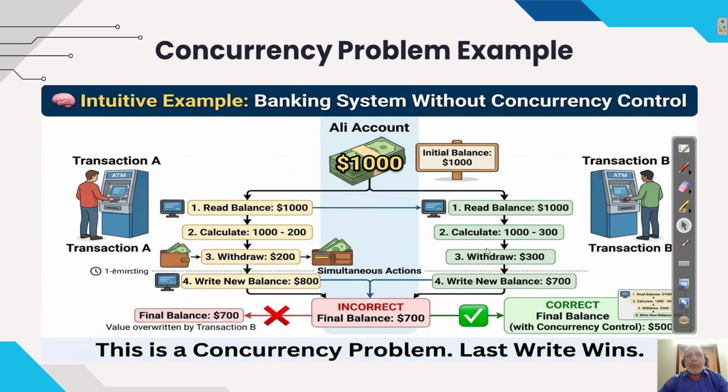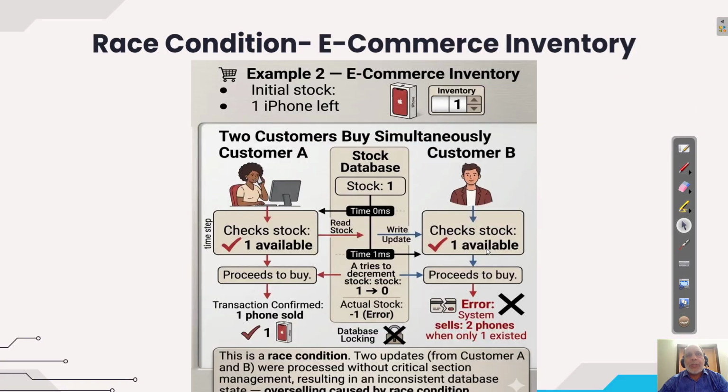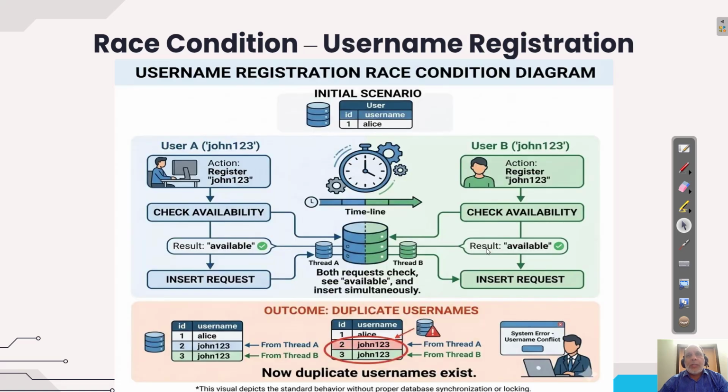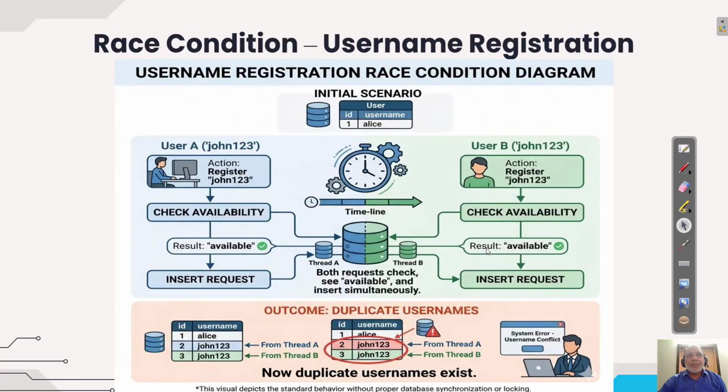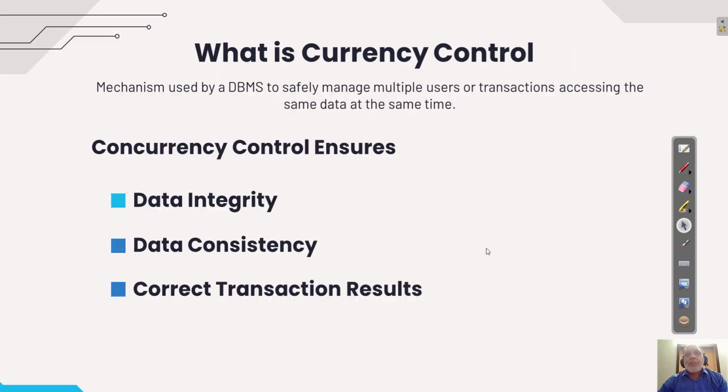In this case, both users are reading the balance of 1000. In this e-commerce example, both users are checking the availability of an iPhone, and in this case both users are checking the availability of a username. So we need to fix these types of problems by using concurrency control.